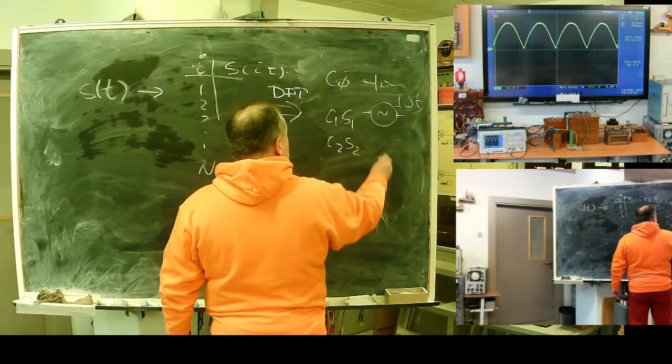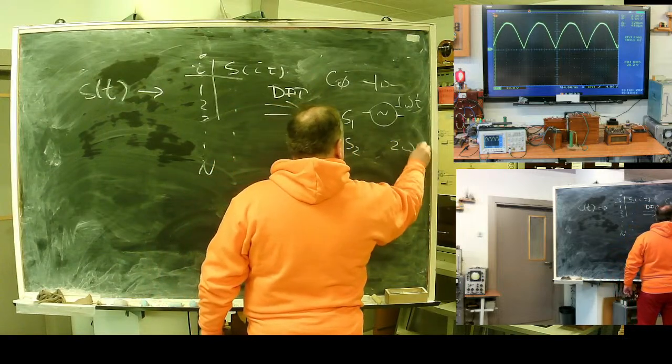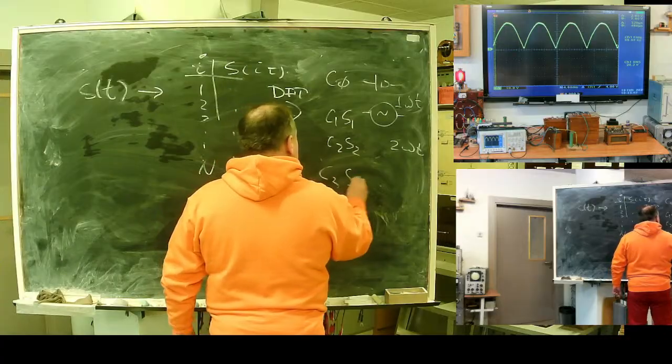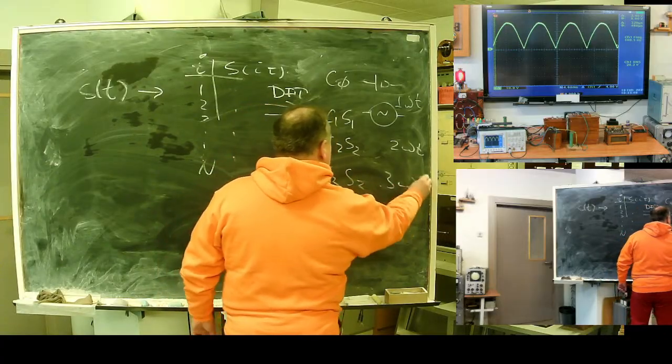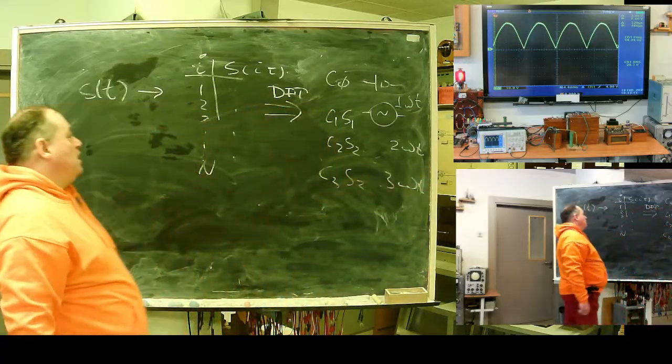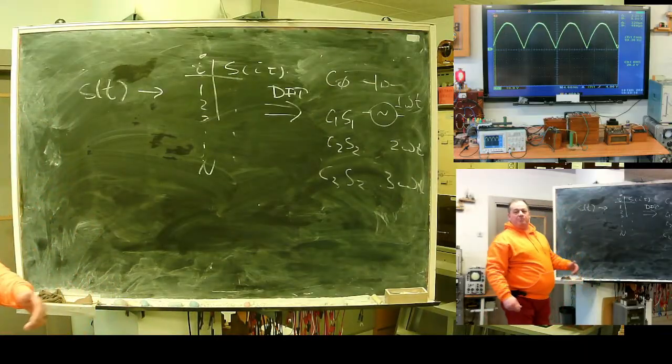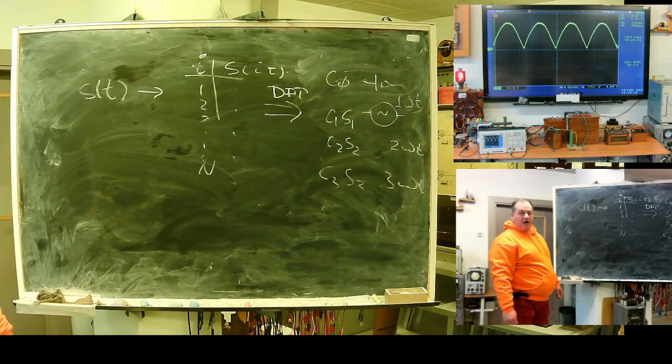C2 S2 AC source for double omega, C3 S3 for triple omega, and so on. After I apply the discrete time Fourier transform, I will get one DC component and multiple AC components.